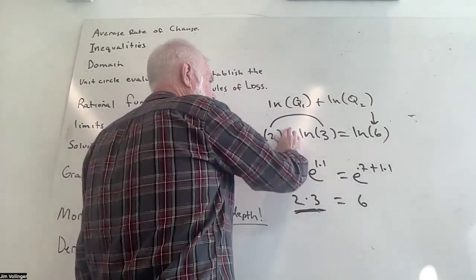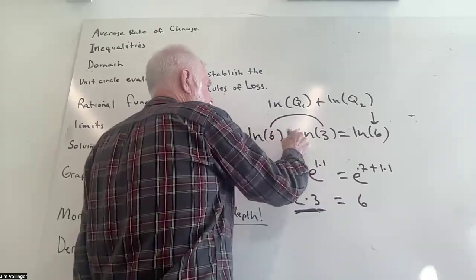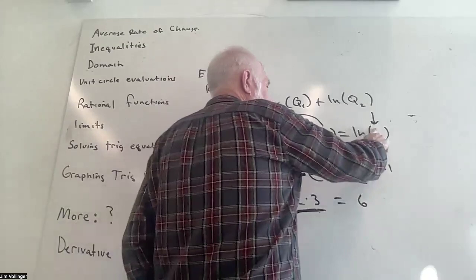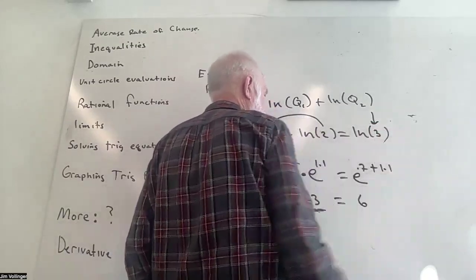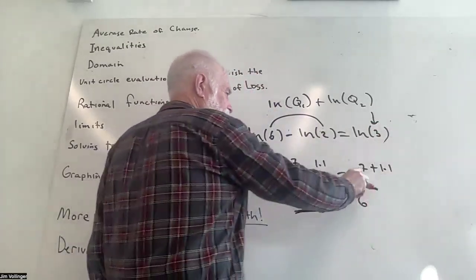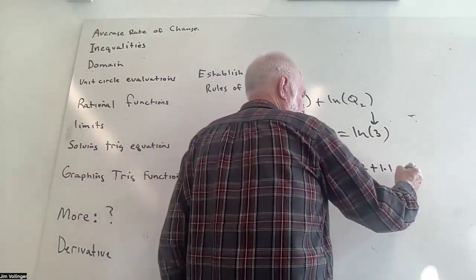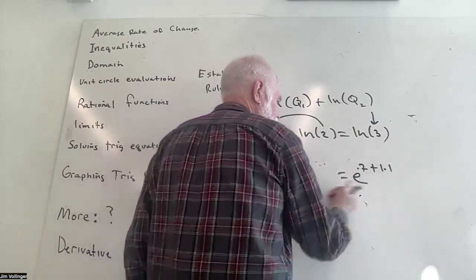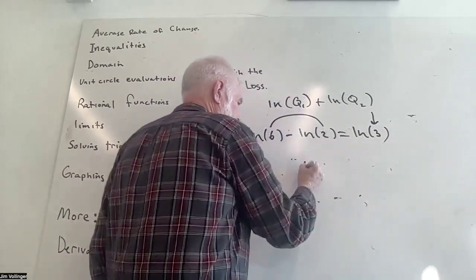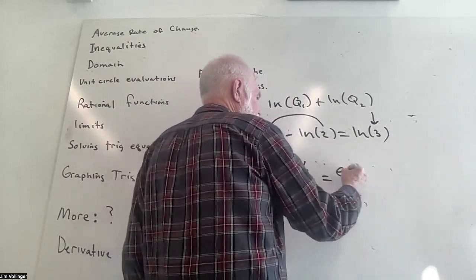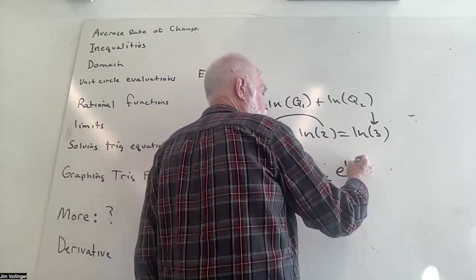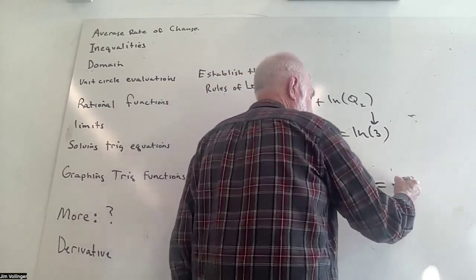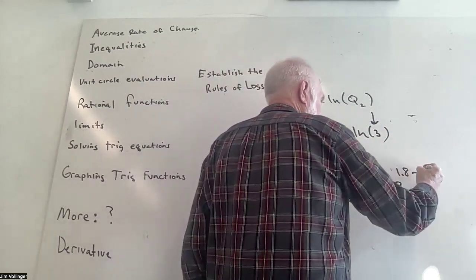You might ask, well, how about 6 minus 2? And I hope you would say 3. Because ln of 6 is this, and if I do minus, well, let's see. 6 divided by 2, let's do the same thing. 6 divided by 2, oh, that's e to the 1.8 over e to the 0.7, and I think that's e to the 1.8 minus 0.7.